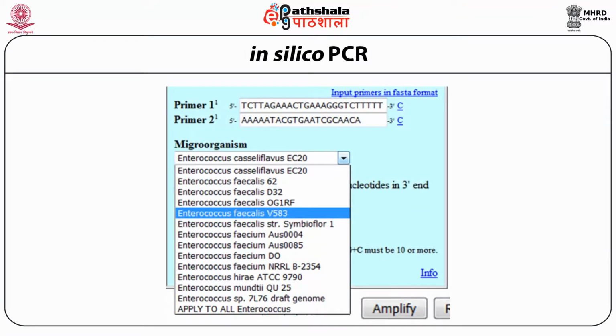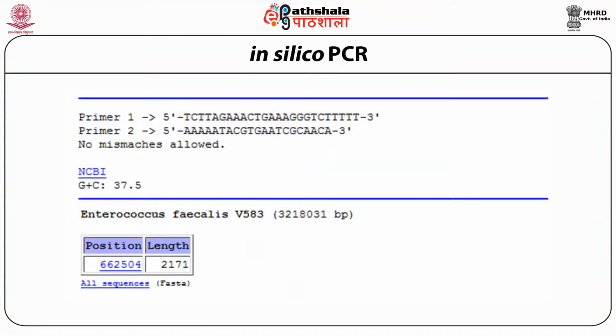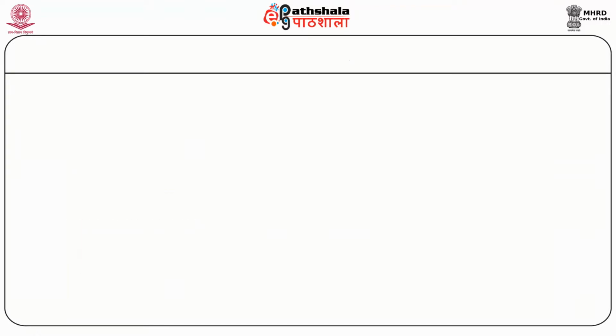Paste the primer sequences in the provided text boxes and select Enterococcus faecalis and click Amplify button. The result shows that only one fragment of 2171 base pair DNA will be amplified. Therefore, the designed primers are specific and can be used for cloning.